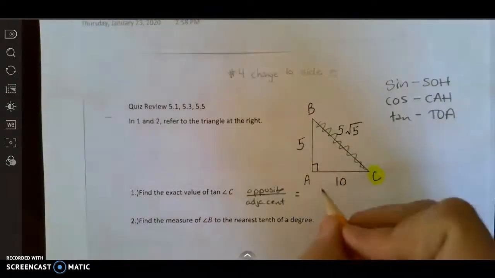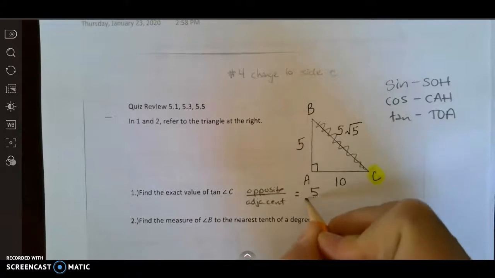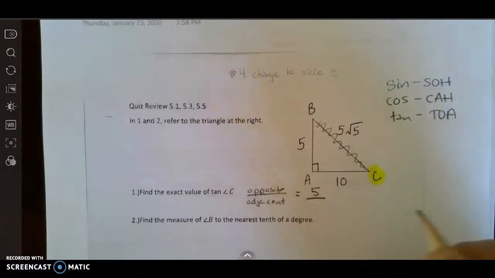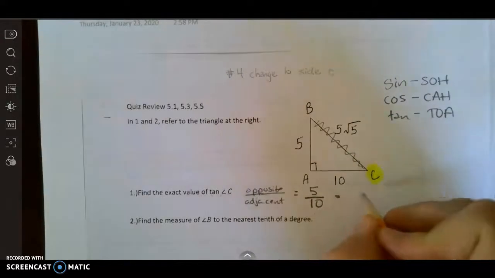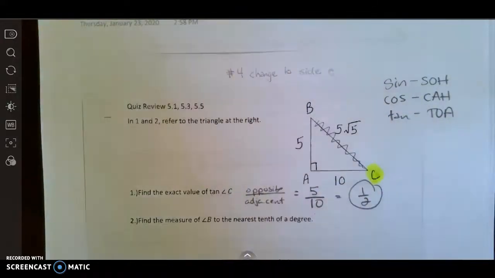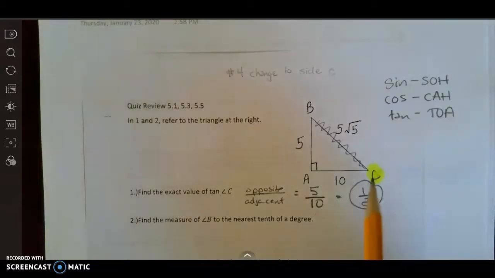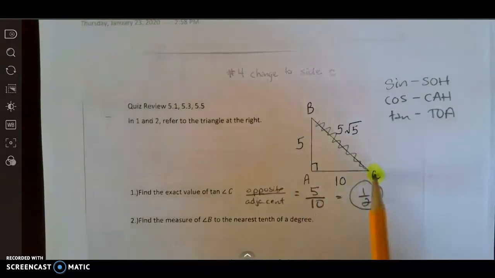And adjacent to angle C is 10. So I get 1/2. I don't need to use law of sines or cosines. I can simply just do tangent, opposite over adjacent. 5 is opposite, 10 is adjacent.